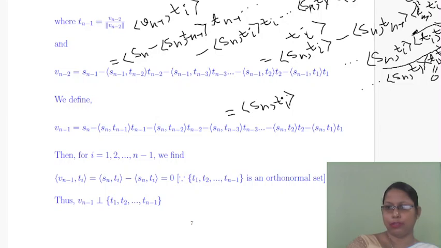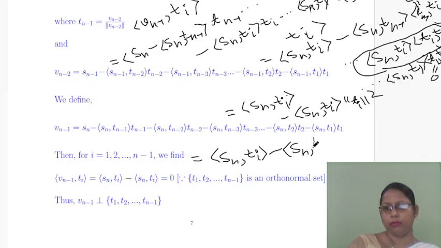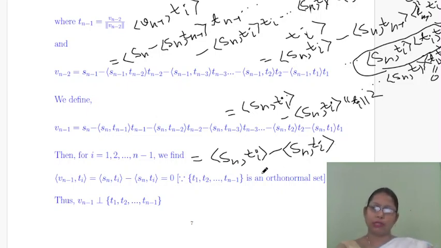Only this one term is left. As the norm of Ti is equal to 1, I am left with this, which is equal to 0. So I am getting this one is 0. That means Vn minus 1 is orthogonal to T1, T2, up to Tn minus 1.